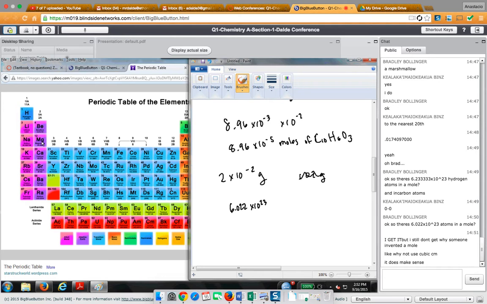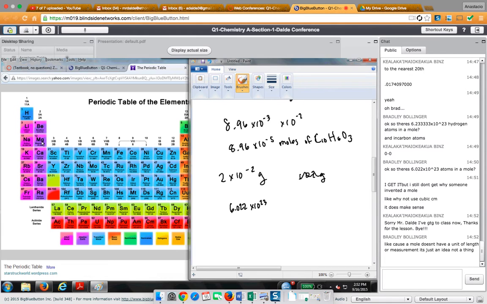Maybe what Bradley is saying is, let's get a cubic centimeter, which is exactly 1 milliliter. So let's take hydrogen, and we'll pour out 1 milliliter of it, and we'll weigh that. That would be a good idea. Here's the thing, though: different elements have different densities, so the volumes are going to be different across the board.